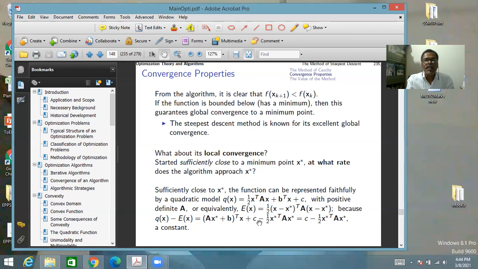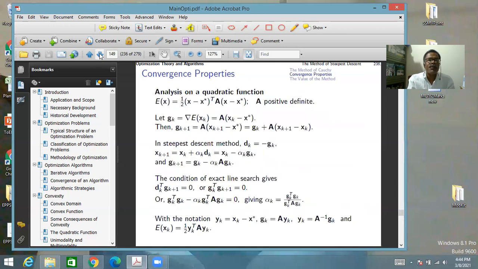So fine. Rather than analyzing it on the actual function, we analyze it on a quadratic function, which is a reliable model in the local neighborhood of the minimum. And rather than analyzing it on this, we analyze it on this e(x), which is another quadratic function differing by a constant, equivalent. Okay. So now, on this quadratic function, as we try to analyze the local convergence with A positive definite, we construct the gradient.